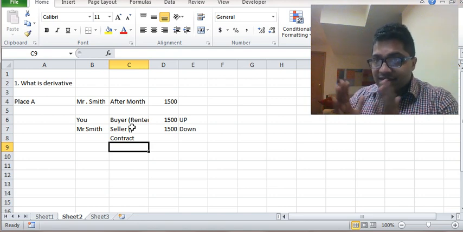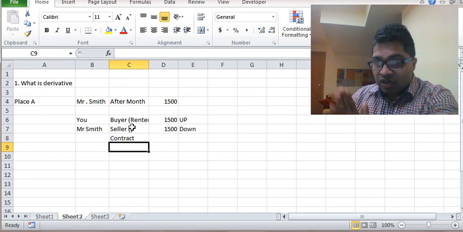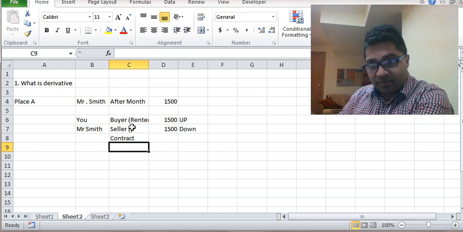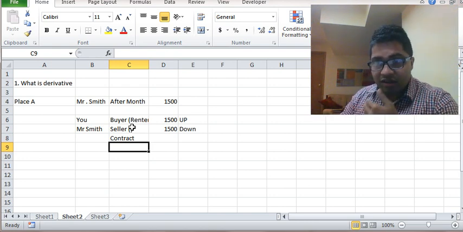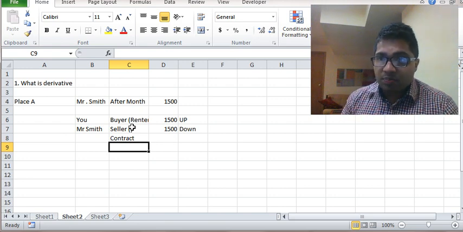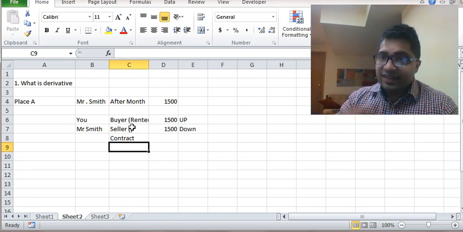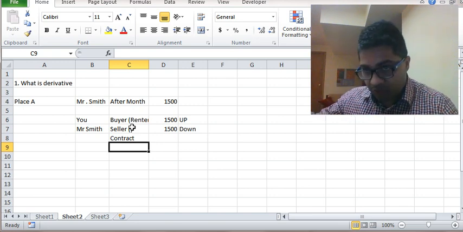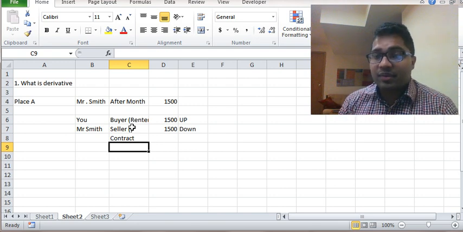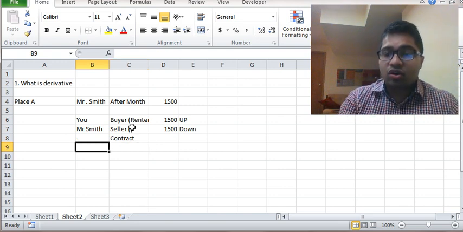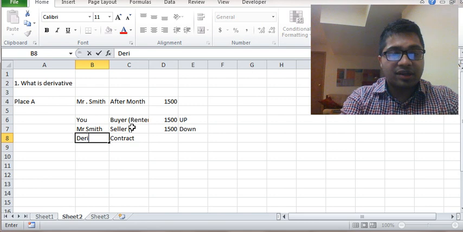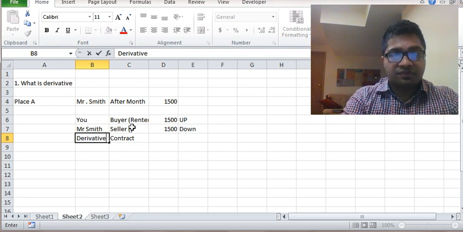So buyers and sellers are agreeing to transact in future, but at a predetermined rate. The buyer is agreeing to buy in future at a predetermined rate. The seller is agreeing to sell in future at a predetermined rate. So this contract is nothing but a derivative.